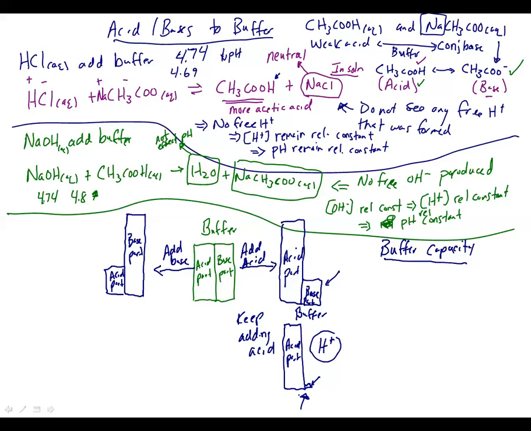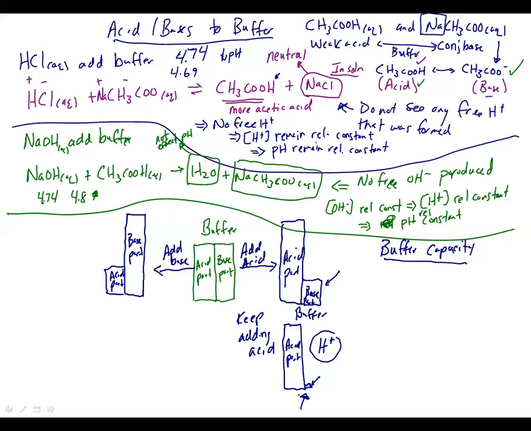So the molarity of the strong acid or base that you're adding to the buffer, and the molarity of the buffer itself, is really important in how effective a buffer can be. Just because you say you made a buffer and add some acid or base to it, it may not work correctly if the molarities are really different.